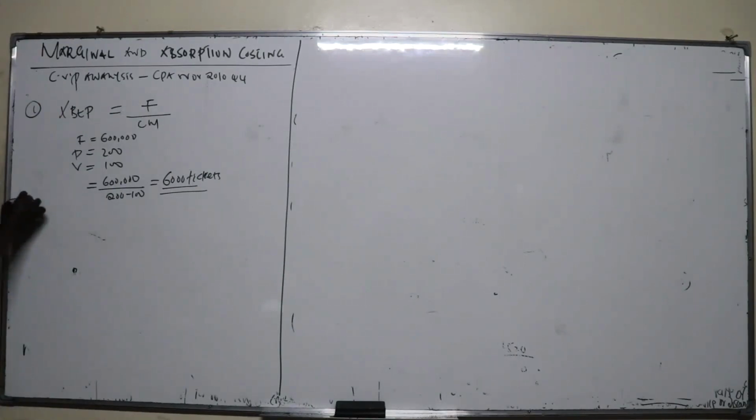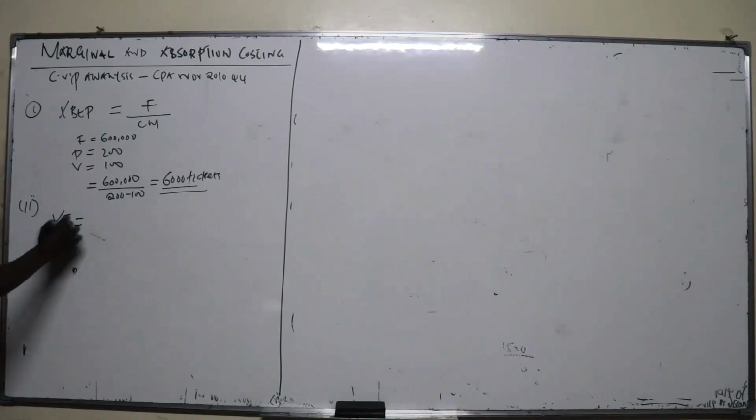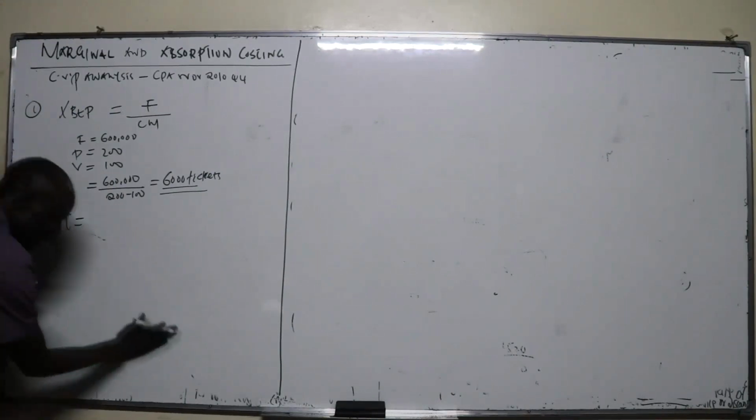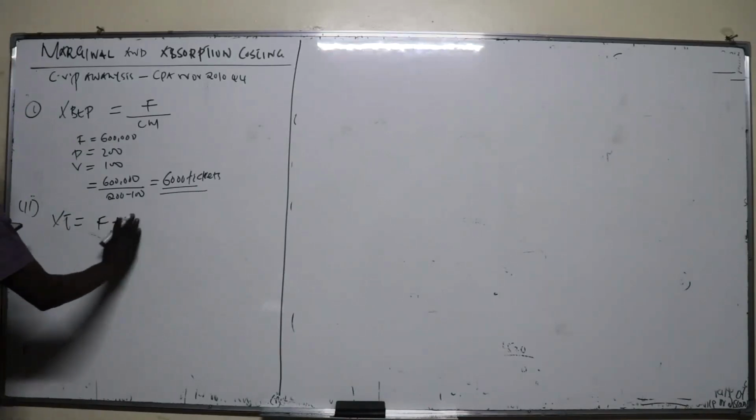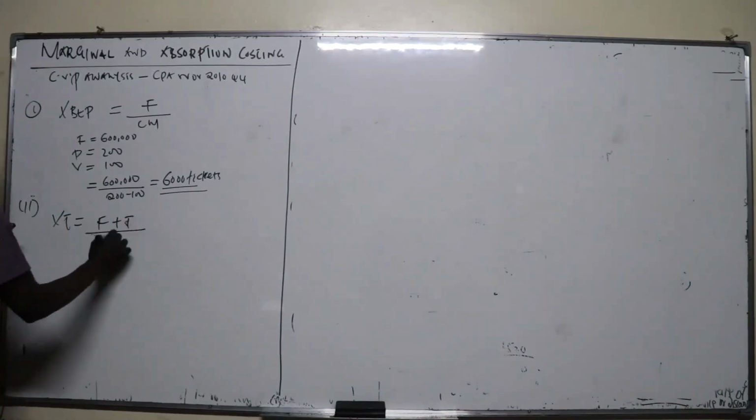Then Roman number 2, they wanted us to determine the number of tickets that must be sold to earn a target profit of 300,000. So that is XT. They want F plus T over CM.